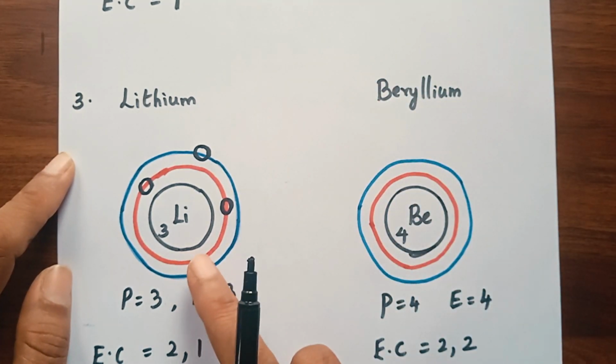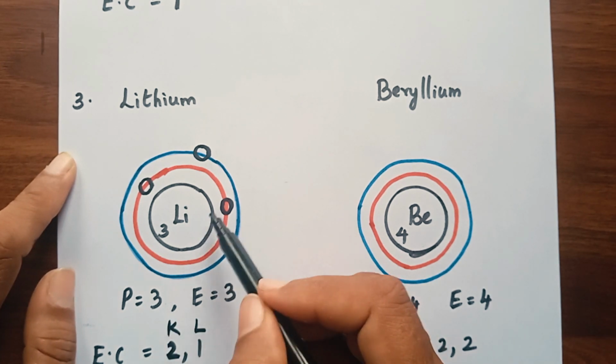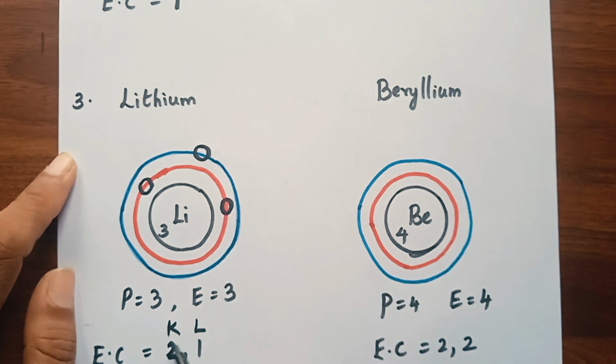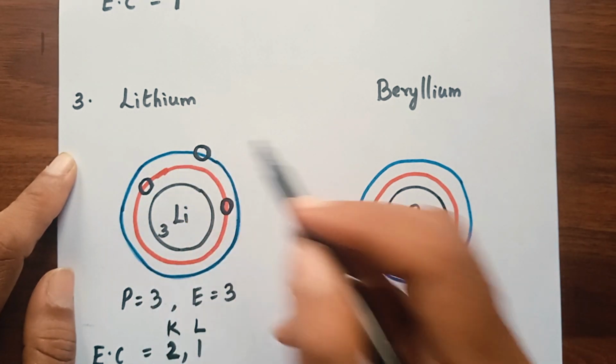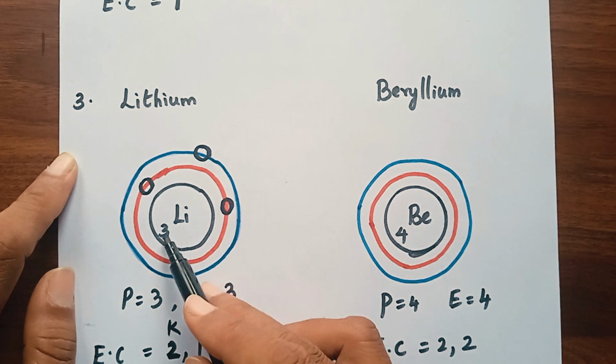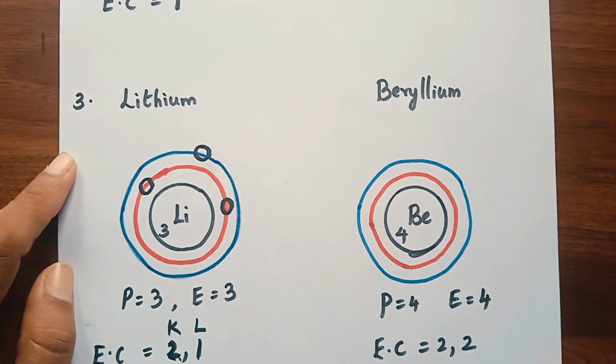Imagine this is the K shell and this is the L shell. The K shell has 2 electrons, the maximum. In the L shell, the maximum number of electrons I can fill is 8. Here the total number of electrons is 3, so I am filling 2 electrons in the K shell and 1 electron in the L shell.